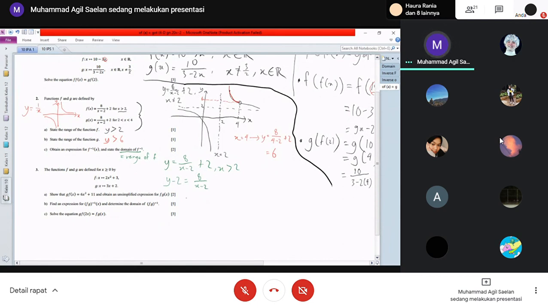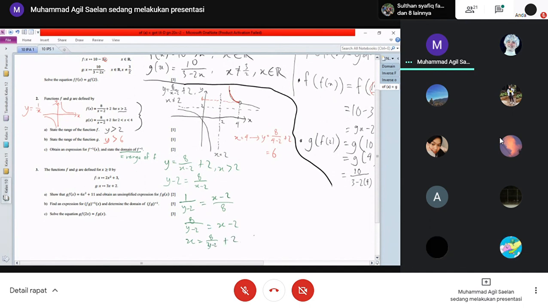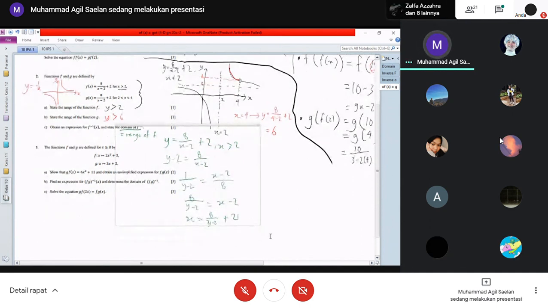So yeah, it becomes 1 over y minus 2 equals x minus 2 over 8. So 8 over y minus 2 equals x minus 2. And then x equals this plus 2, yeah. And yeah, that's the inverse.